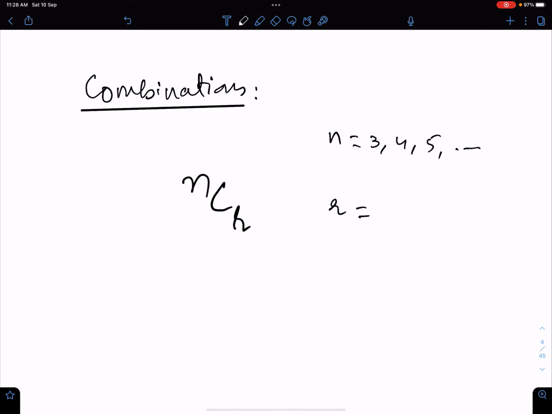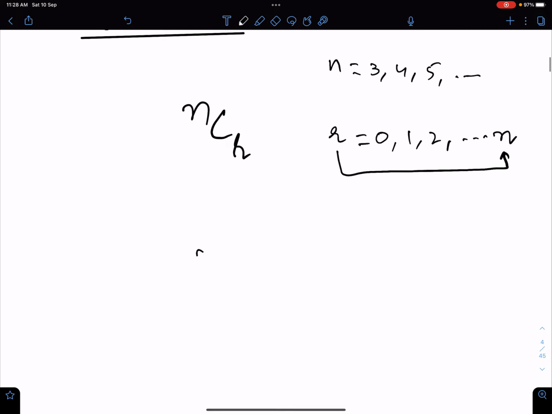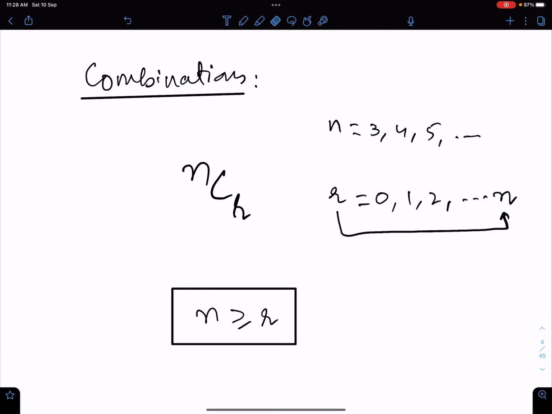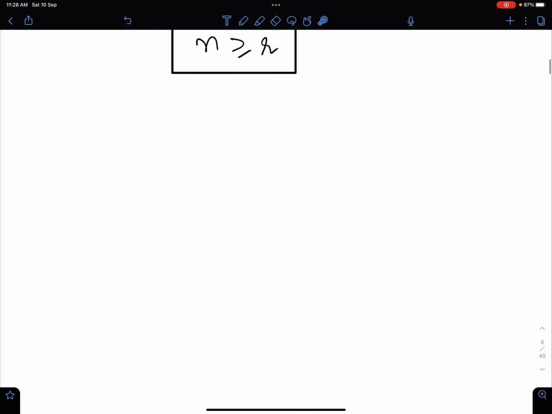And the value of r starts from 0. And its maximum value is n, because n is greater or equal to r. You can find this symbol in your calculator. And you can evaluate these results as well.